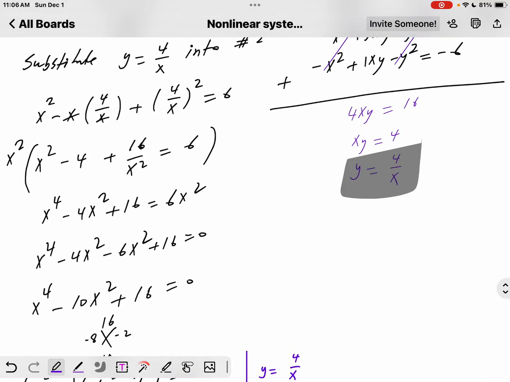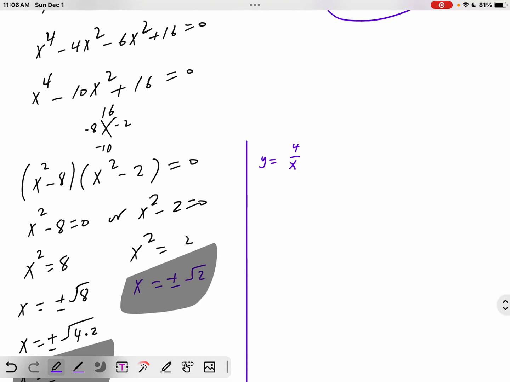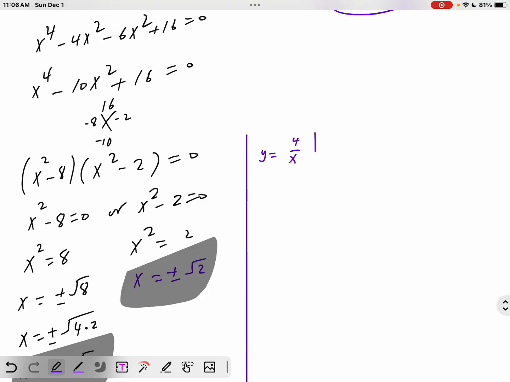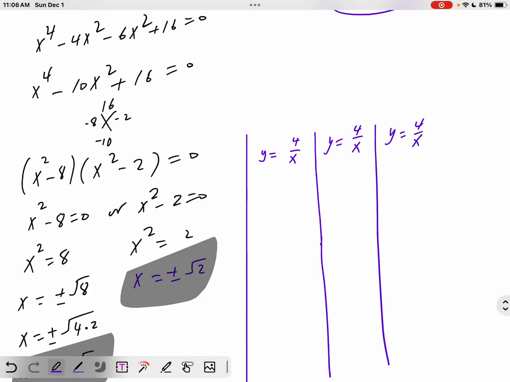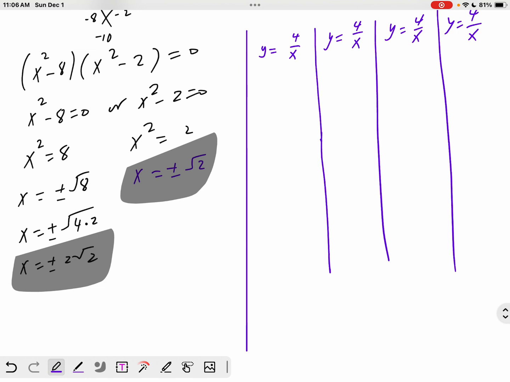So this is the one we're using, right here. y equals 4 over x, y equals 4 over x, and y equals 4 over x.